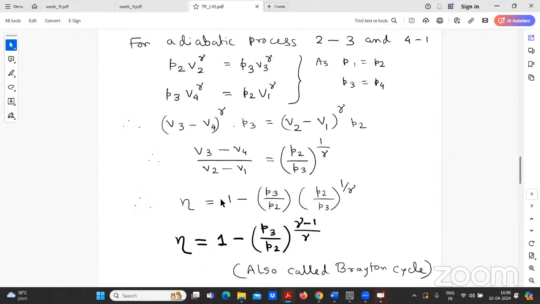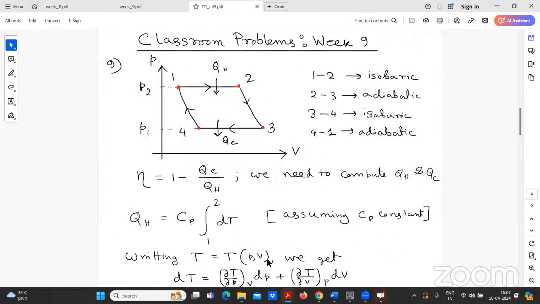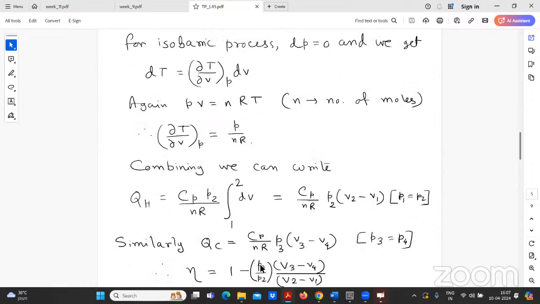Now, while solving, oops, sorry, it is not working. Anyway, we have used QH equal to the integral of Cp dT from state 1 to 2, and we have used a similar expression for QC.